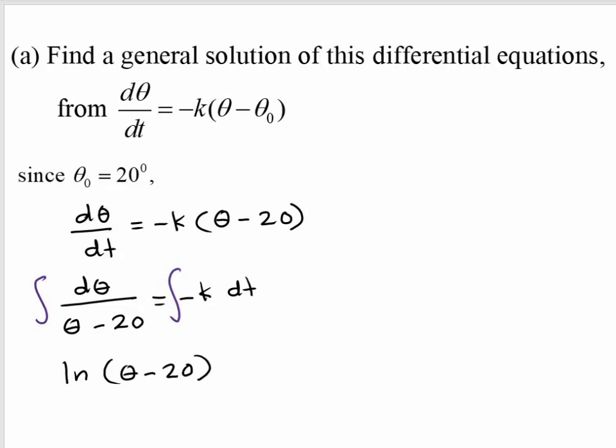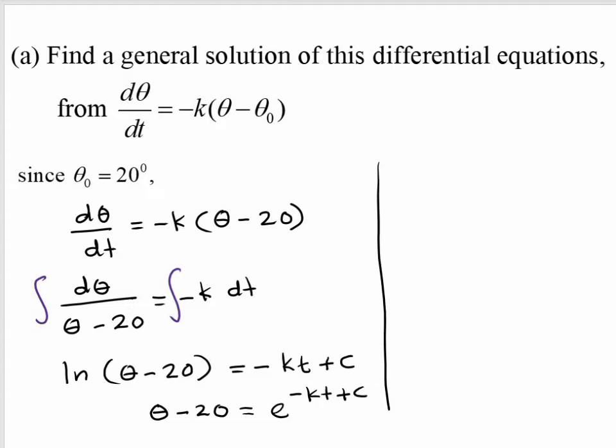And then integrate negative k with respect to t, it is negative kt, and don't forget to add c. So let's convert this to exponential form.